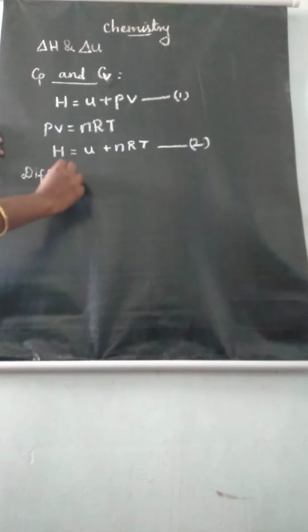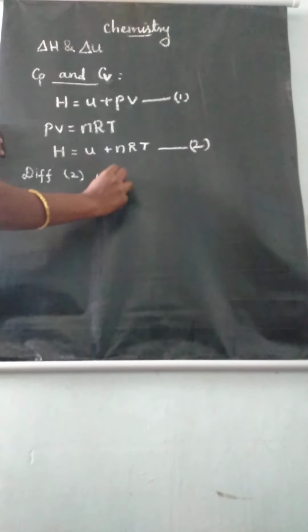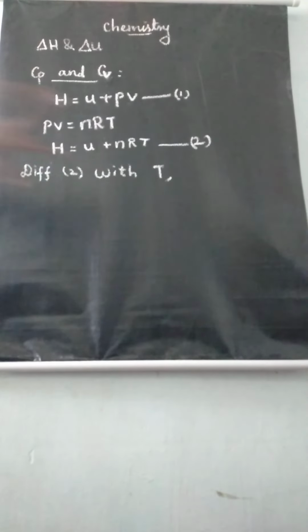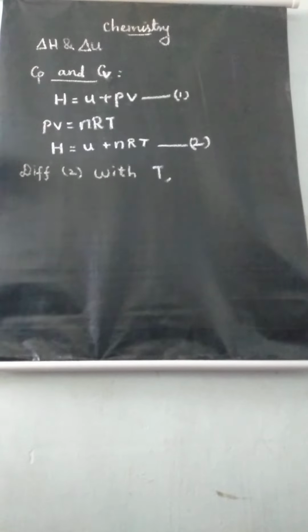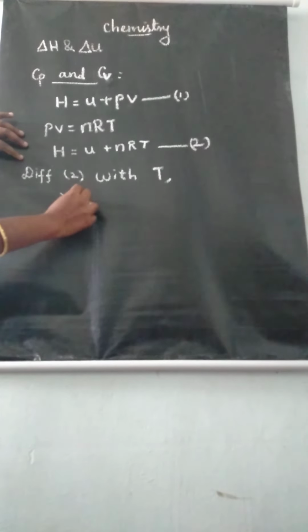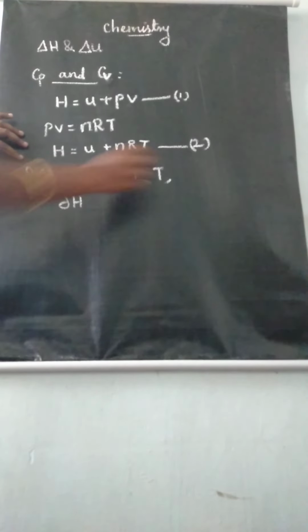Now differentiate equation 2 with respect to temperature T. The differentiation symbol is just written as dou H with respect to temperature.